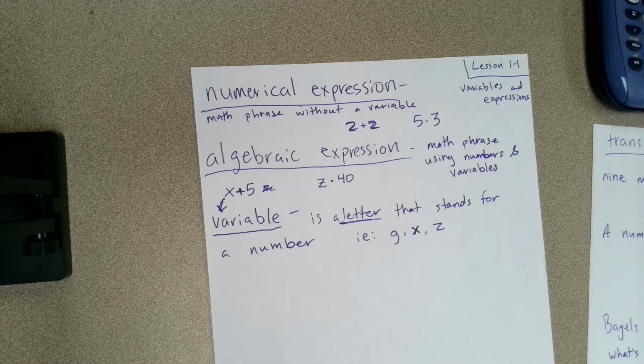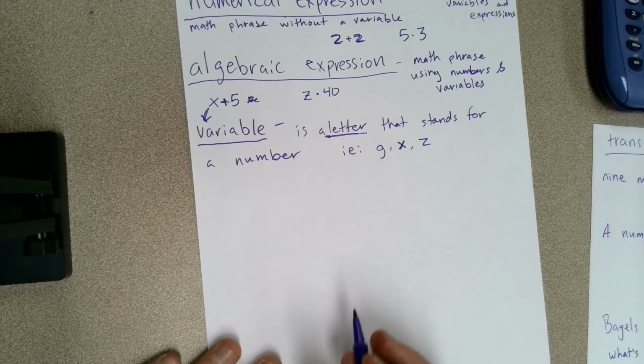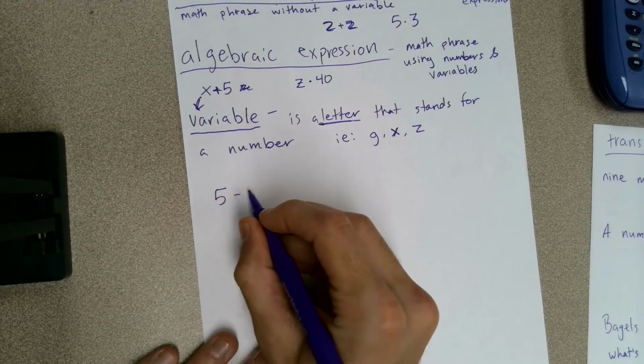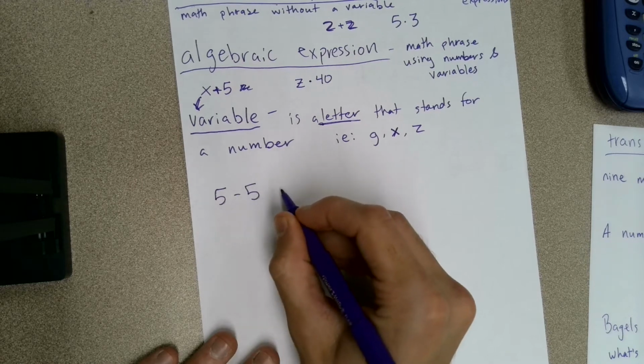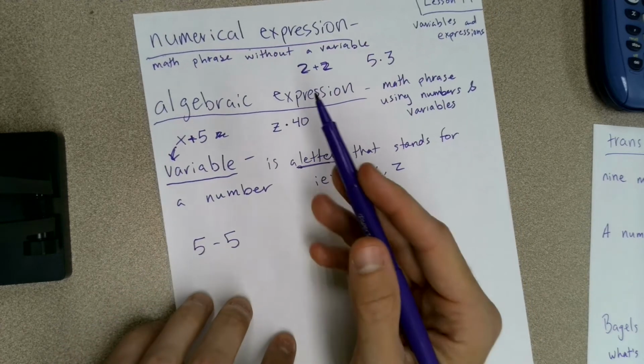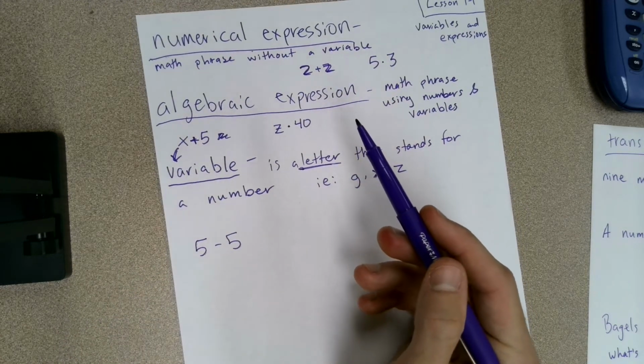All right, so those are our big terms that we have. Next, we are going to look at determining if something is a numerical expression or an algebraic expression. So I'm just going to give you a couple quick examples here. Our first one, I want you to think about 5 minus 5. Would that be a numerical expression or an algebraic expression?